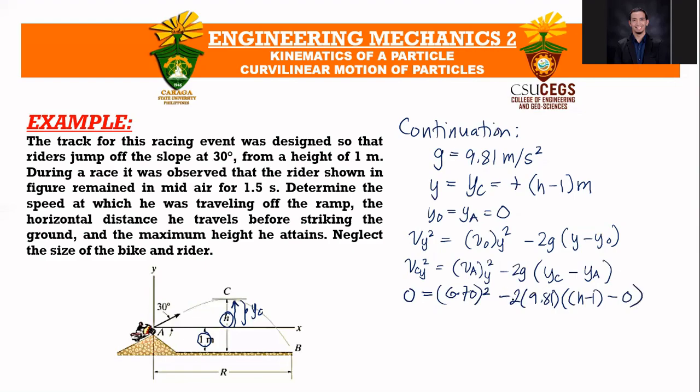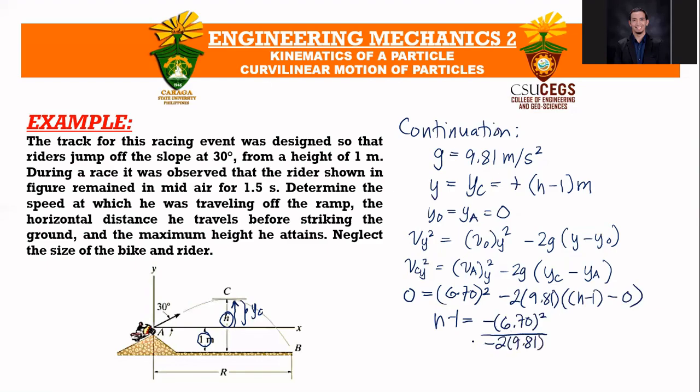When we simplify this, we transpose the 6.70 squared to the other side and divide by negative 2 times 9.81. So h minus 1 is equal to negative 6.70 squared over negative 2 times 9.81.